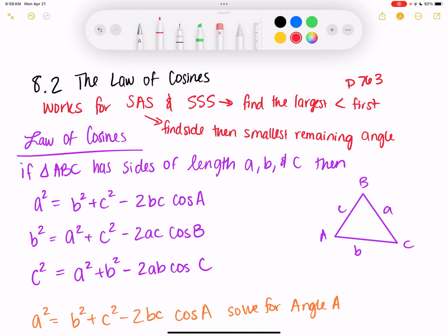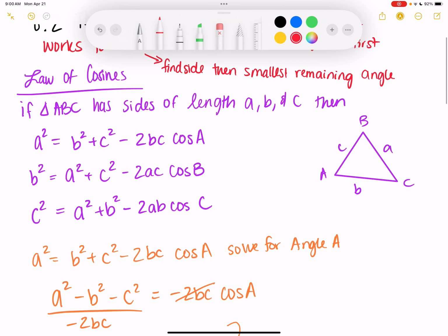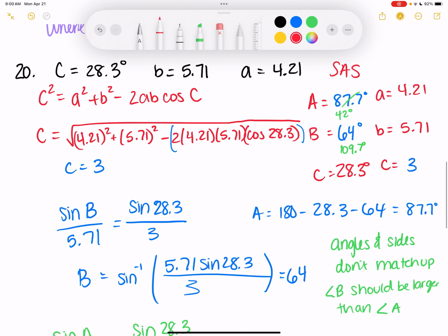For side, side, side, how do you know which is the smallest? The smallest side should have the smallest angle. So when I did this, typically, anything the book has said, it's always said find the biggest one first. That's why we went with finding angle B first initially. But then it didn't make sense because this is 5.71, bigger than 4.21, yet that angle ended up being bigger.